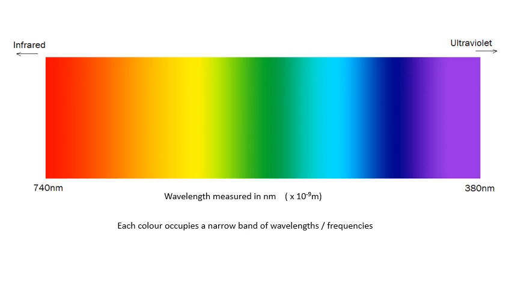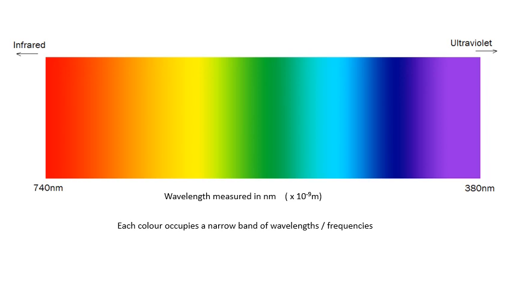So each color is its own kind of group of wavelengths. So red is from about 740 to about 630, something like that. You would call it red. You would perceive that as being red. So each color has a narrow band of wavelengths, and so it has a narrow band of frequencies as well.